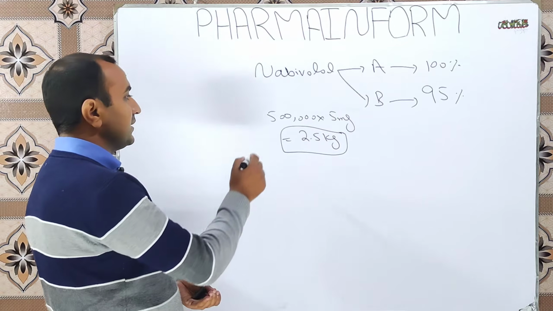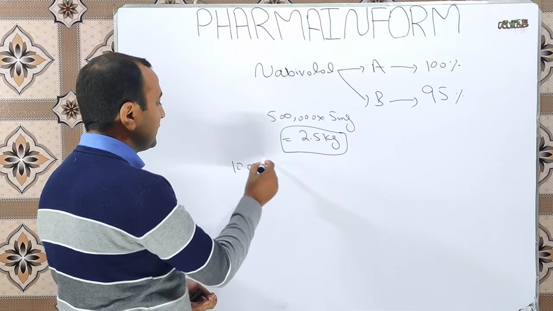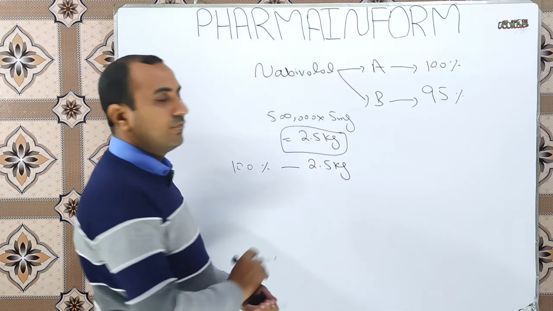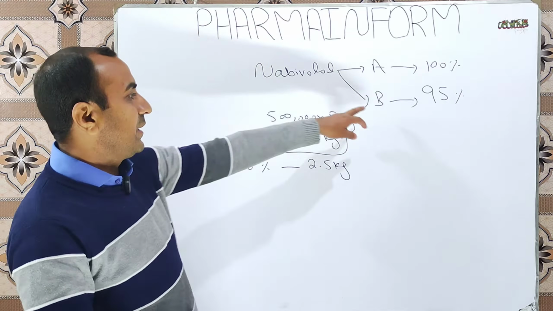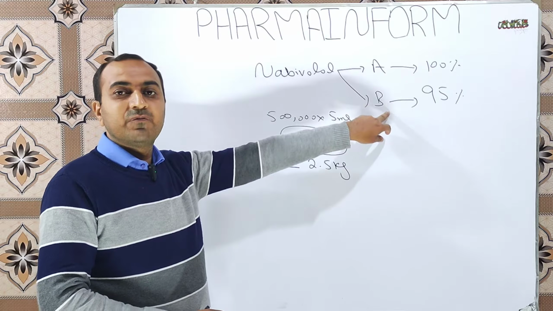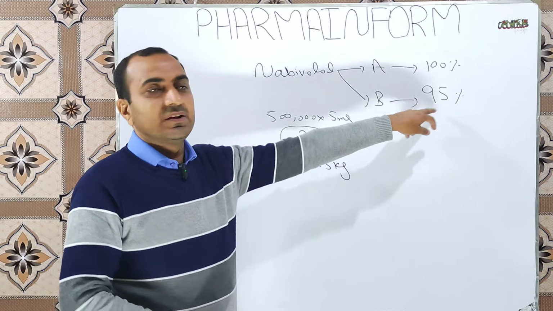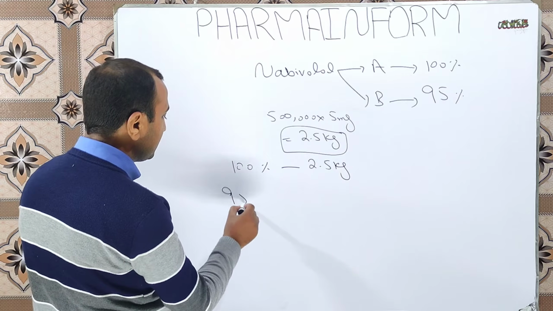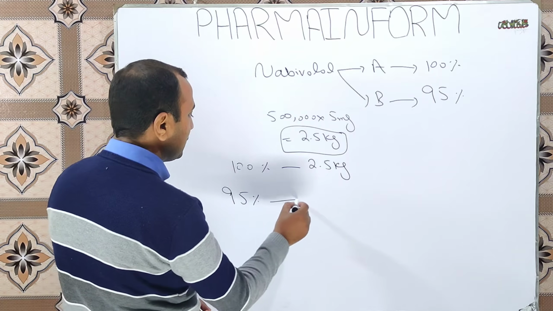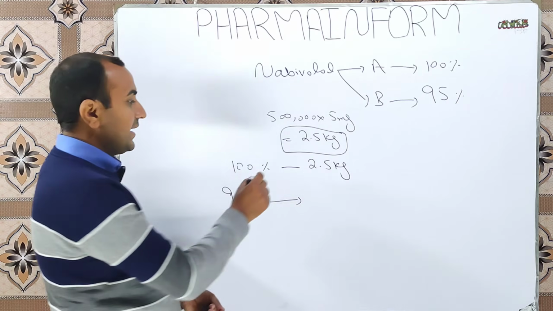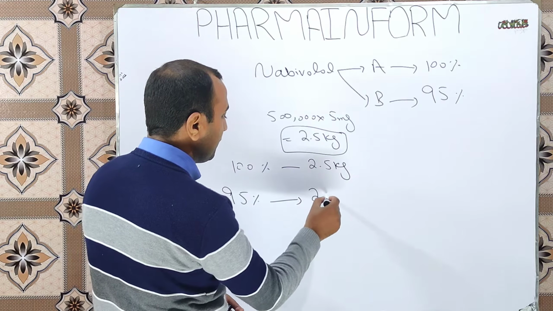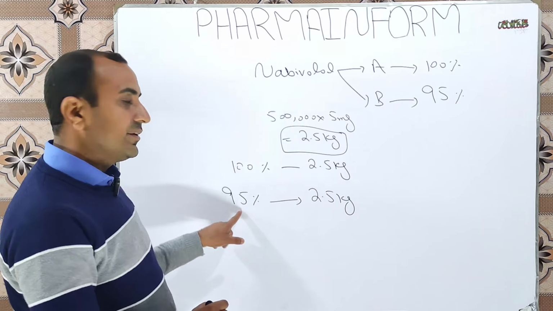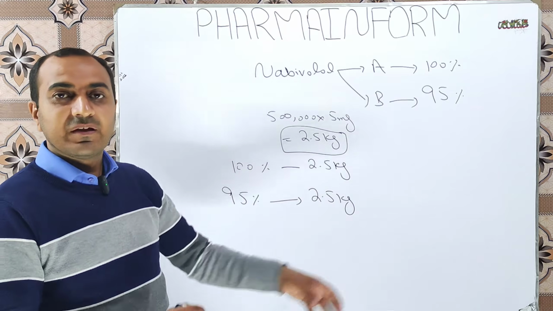So as we discussed earlier, for 100% we need 2.5 kilograms of Nebivolol. But if our supplier is changed, meaning our manufacturer is changed, and its SA value is 95%, then how will we adjust it? Suppose for SA value 95% we have a quantity of 2.5 kilogram. Now we will adjust this 95% to 100%.